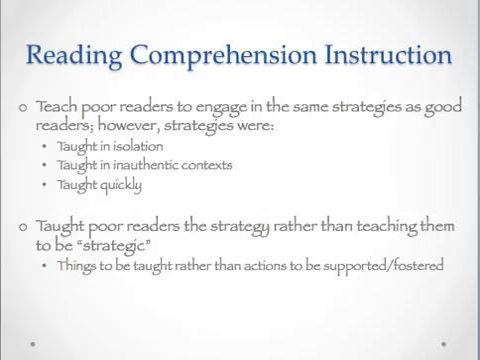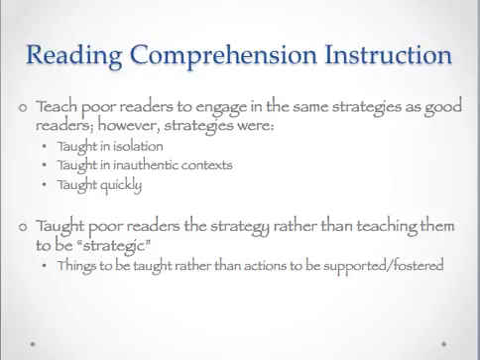The problem with the reading comprehension instruction literature and intervention was that the idea was good. We're going to teach poor readers to engage in the same strategies as good readers. However, the strategies were taught completely individually and in isolation. They were taught in inauthentic contexts, meaning that the teacher might give a student a worksheet and say, okay, engage in a prediction strategy.